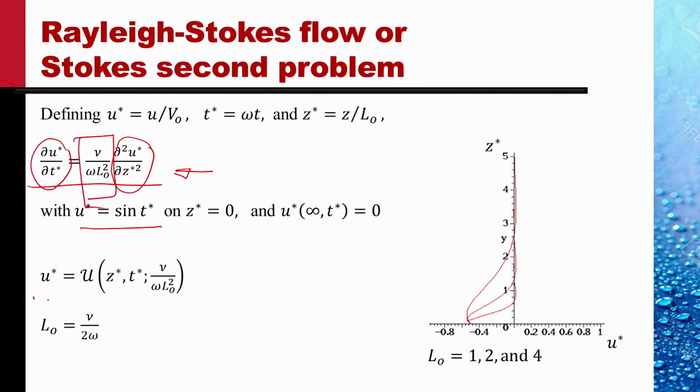When L naught is large, that is for a given fluid, omega is small, the plate is moving slowly or the velocity is changing slowly. The frequency is low. Then the depth of penetration is largest.